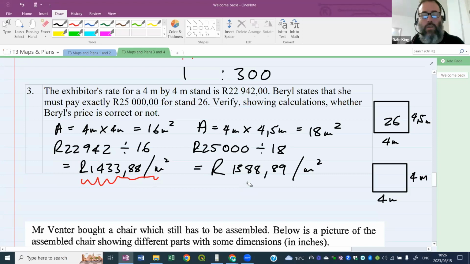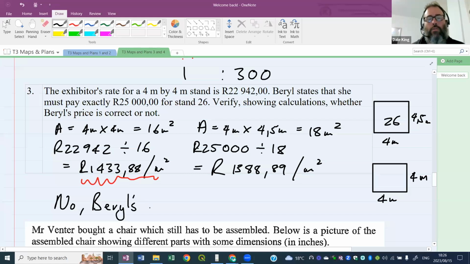She's only paying 1,388. Everyone else is paying 1,433 for a 4x4 meter stand. So she should be keeping quiet. But Beryl does the right thing and she says, no, guys, this is not right. It's not right, eh, Ben? Yes, that's not right. So you're going to say verify showing calculations whether Beryl's price is correct or not. So you'll have to say at the end, is her price correct or not? No.